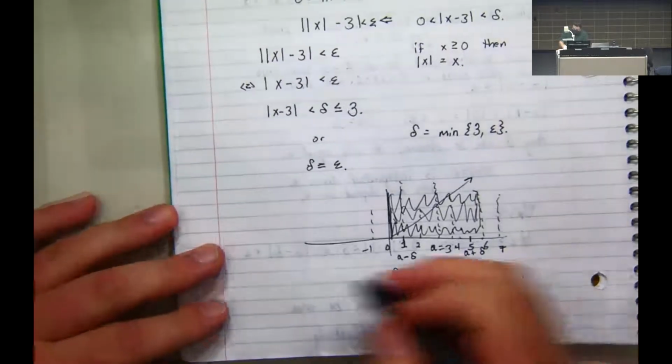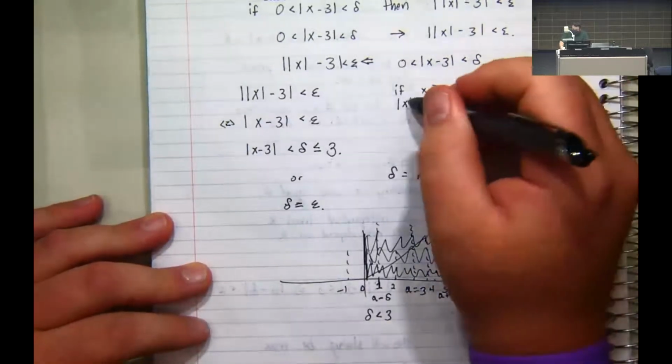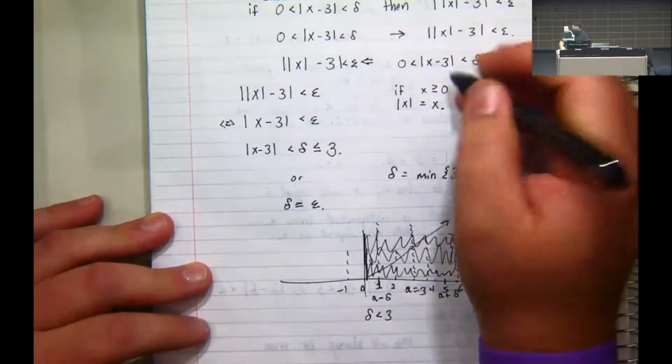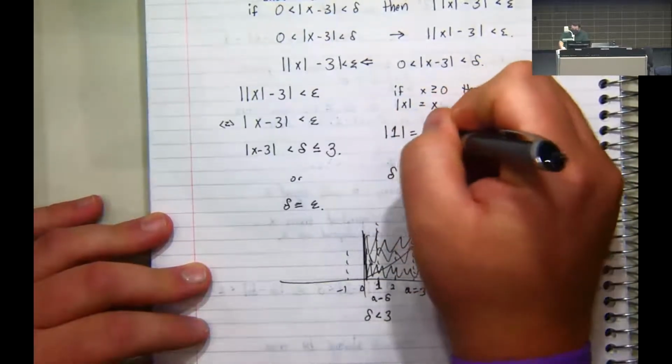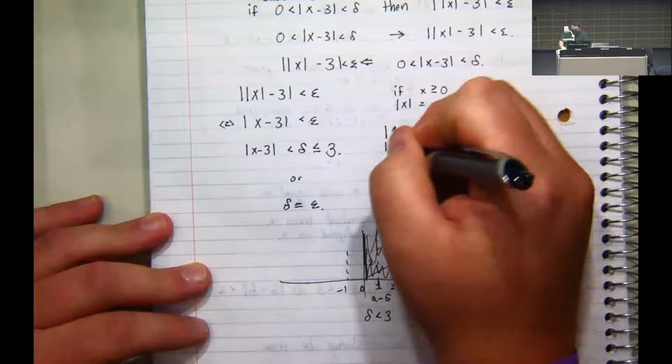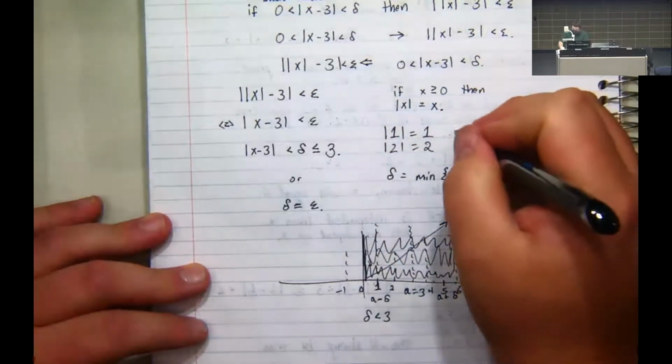Yeah, so basically if we're saying so right here. So if x is positive, then we can say this. So we know we can do this because what's the absolute value of 1? Well, it's 1. What's the absolute value of 2? It's 2. The absolute value of any positive number is going to be a positive number.